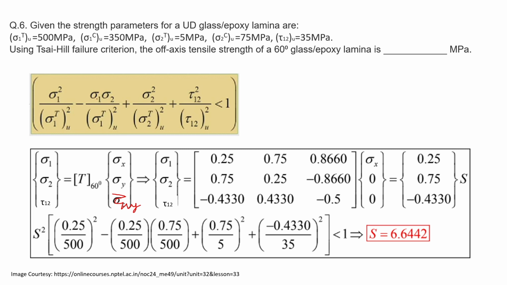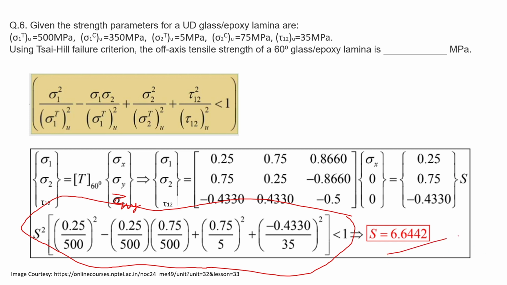So sigma 1 is 0.25 S square. Sigma 1, sigma 2 and tau 12 values are known, and these ultimate values are also known to us, and that all has to be less than 1. So when we put those values in this equation, we can find the value of S. So that will be the off-axis tensile strength.